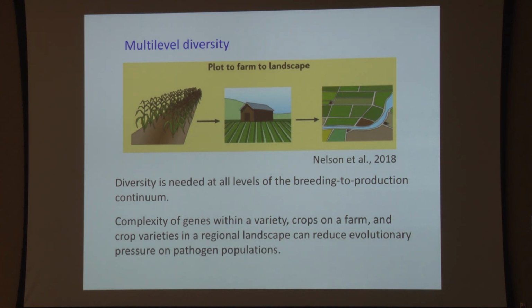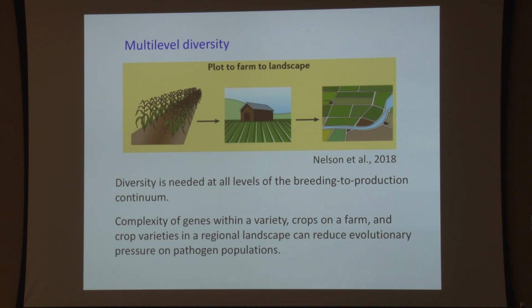Okay, so another point I want to make, and this was in the review article by Nelson, is the importance of diversity, not just in a given variety, or not just on one farmer's field, but across a whole agricultural landscape.